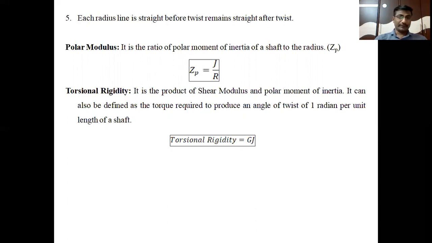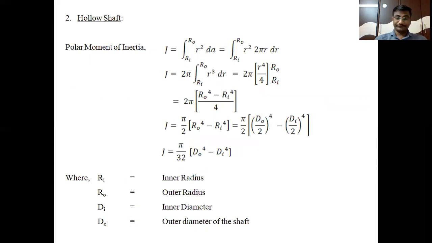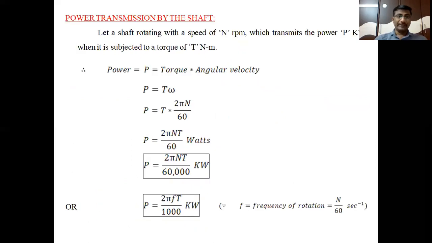Polar modulus and torsional rigidity are the two definitions we studied in the last class. And we derived the equations for polar moment of inertia for solid and hollow shafts, and the power equation, the power transmitted by the shaft.